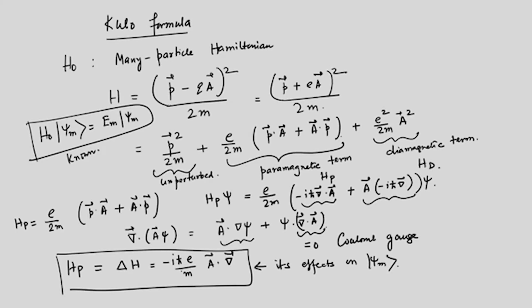This is done on a system of many particles. Once we know this, our Hamiltonian has a form which, apart from these constants that we can take into account, this delta H takes a form equal to minus i h-bar del.